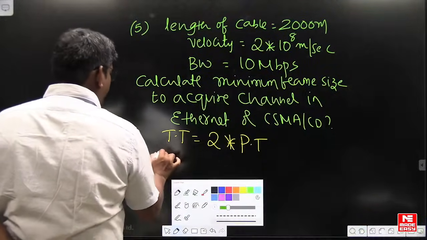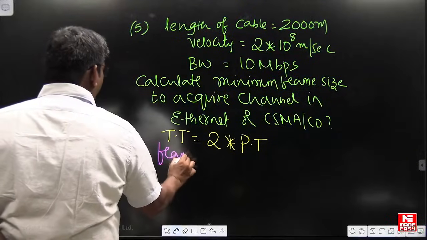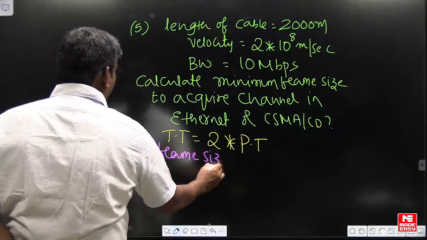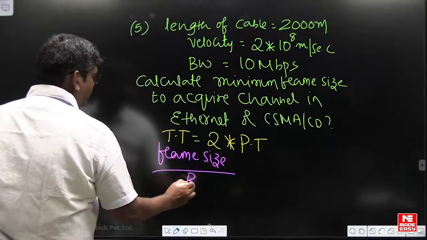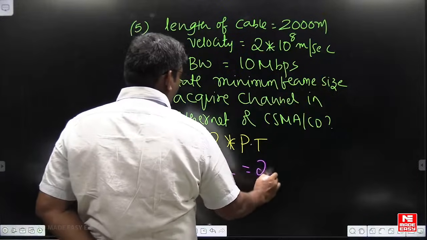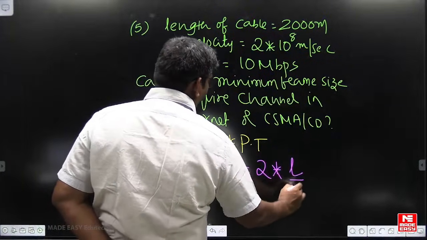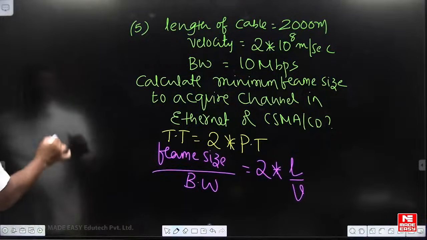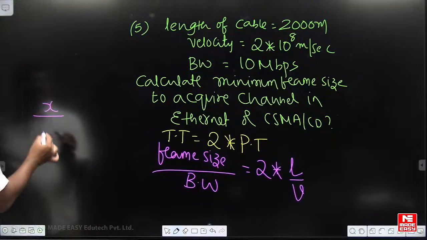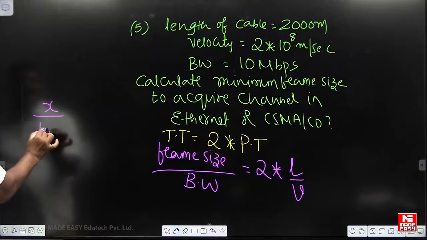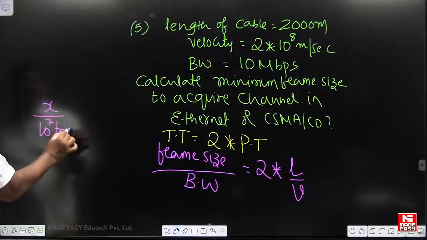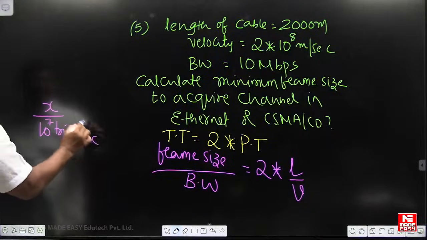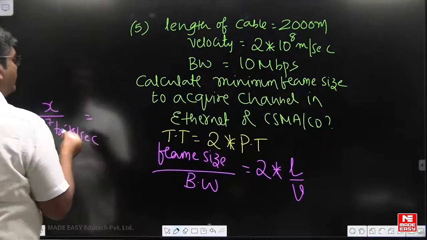Okay, this transmission time is nothing but what? Frame size upon the bandwidth or data size upon bandwidth. So equal to 2 into propagation time, which is nothing but what? Length upon velocity. See, the frame size you have to calculate, so it is x upon bandwidth, which is 10 mega, so it is 10 power 7 bits per second, because 10 into 10 power 6 becomes 10 power 7.